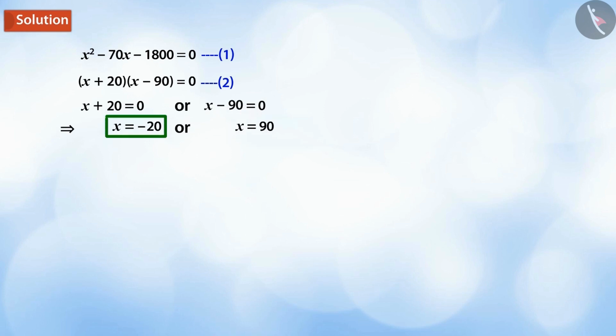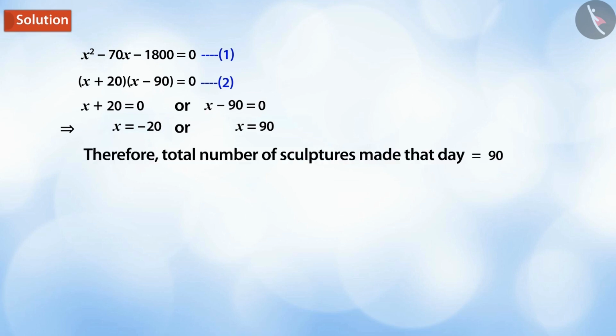Therefore, x equals minus 20 and x equals 90 are the solutions to the given quadratic equation. Since we need to find the number of sculptures made and it cannot be negative, there were 90 sculptures made that day.